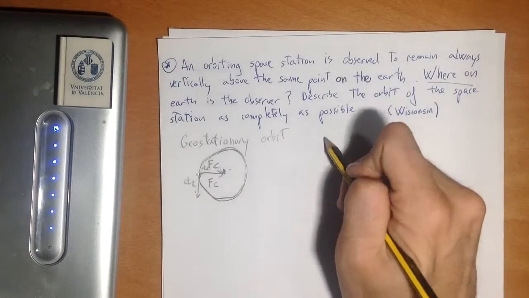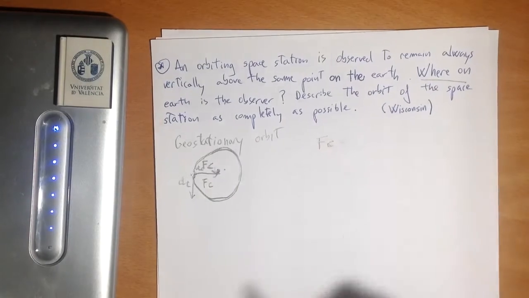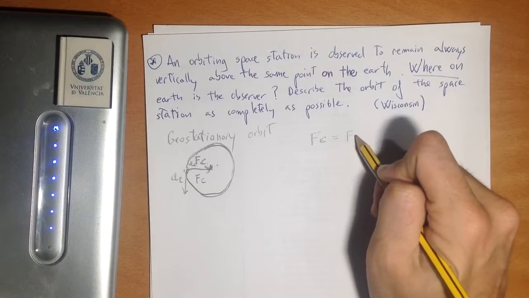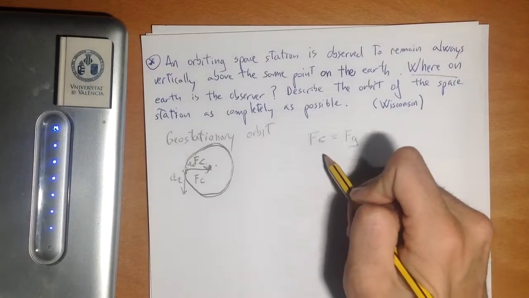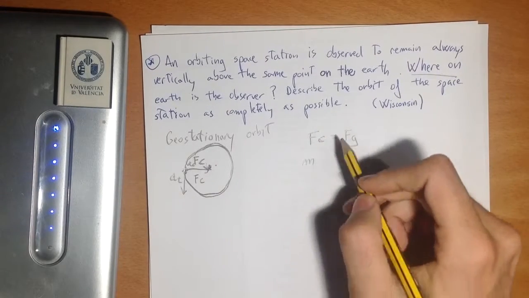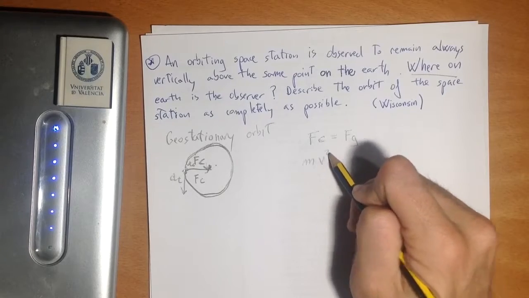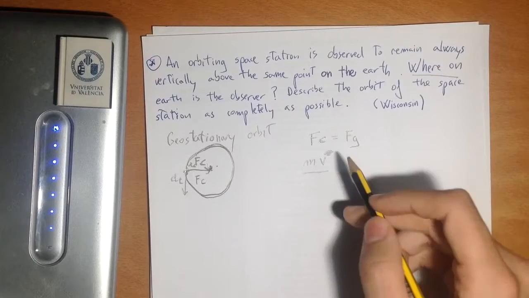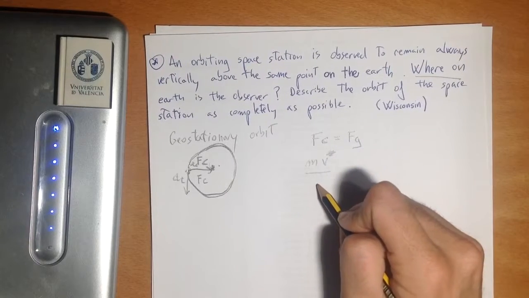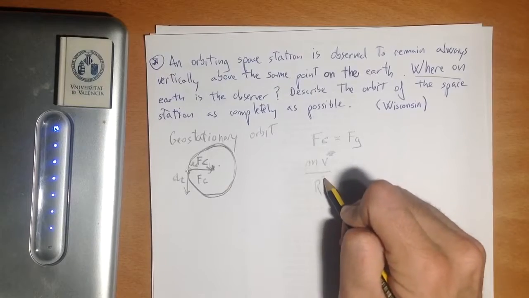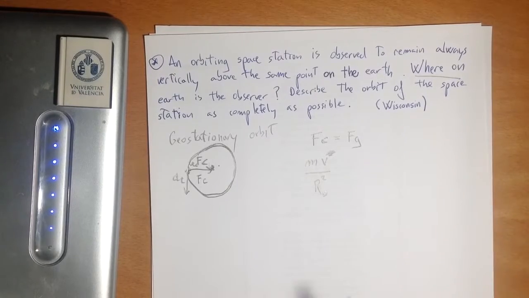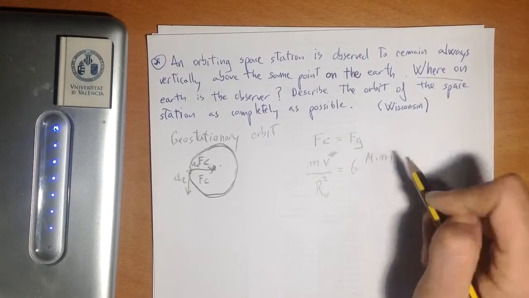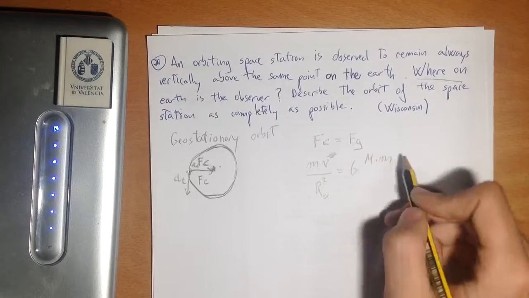So we can say that the centripetal force in a circular orbit has to be equal to the gravitational force. So the mass of the orbiting space station multiplied by the orbiting velocity squared, divided by the radius of the orbit, equals G times the mass, where capital M is the mass of the Earth.